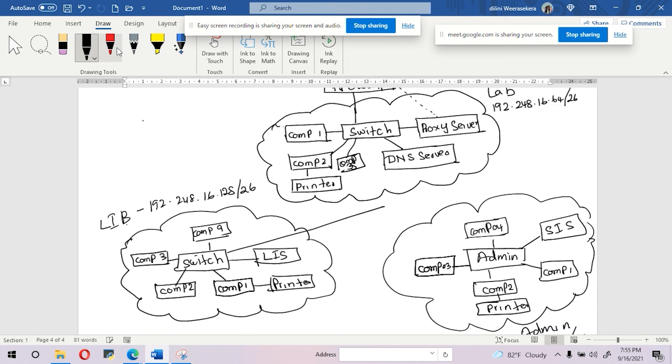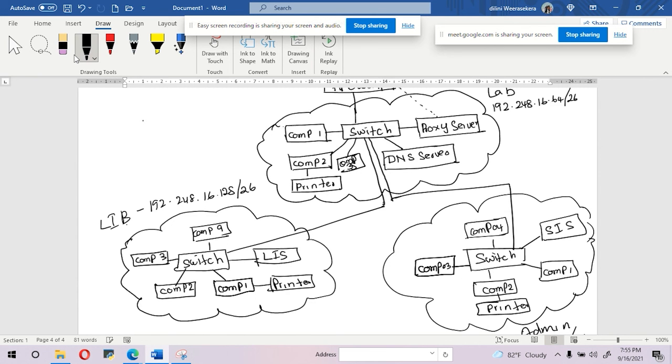So here, and the admin building also has to have a switch. Oh, sorry, here I have written the admin, so it has to be a switch. This switch also has to be connected to this switch.